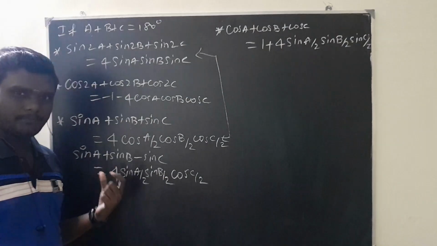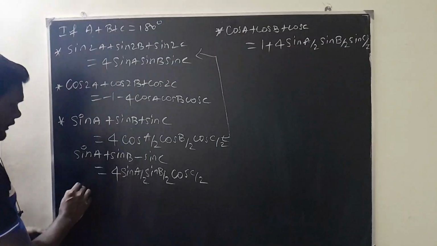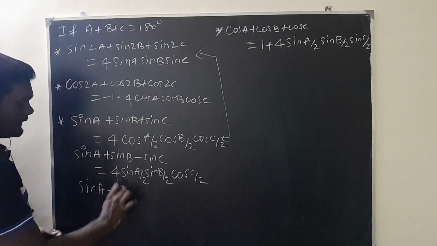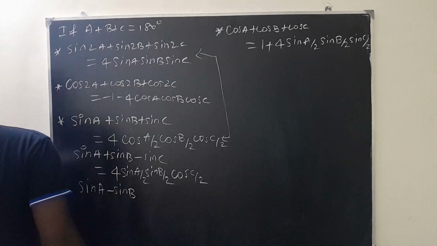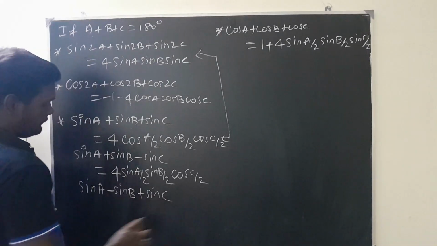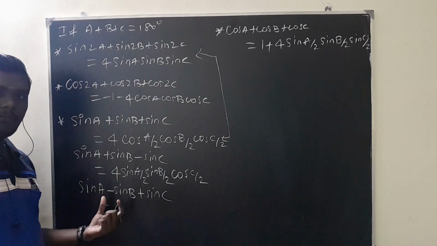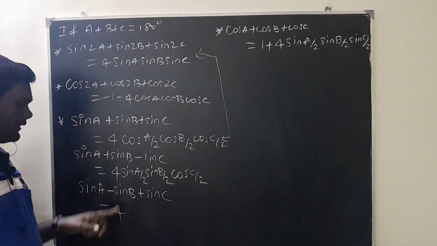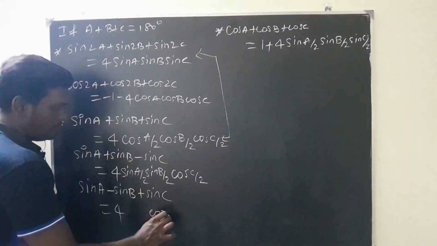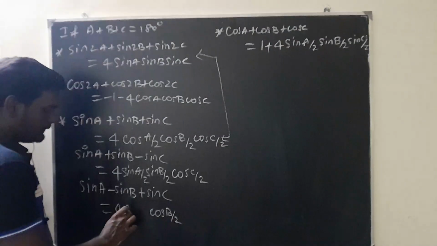Any doubts on this? Okay. Now you know how it works. Can you tell me the formula for sin A minus sin B plus sin C? Can you say the formula related to the original formula, with this minus instead? The term B remains the same, that is cos B by 2 remains the same.